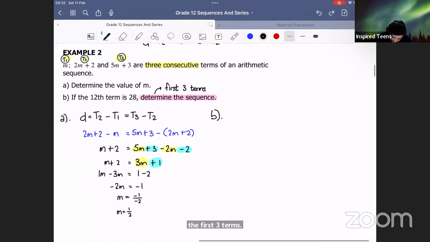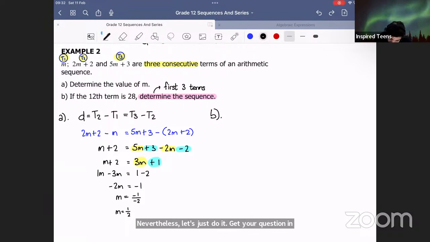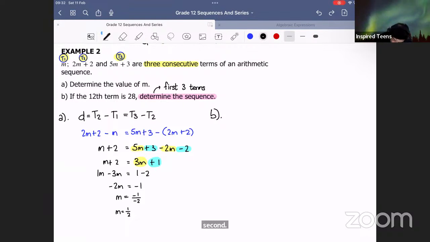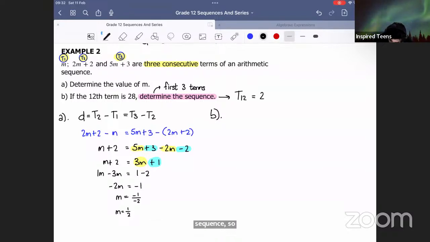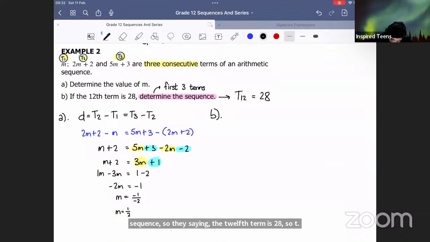I'll get to your question in a second. If the 12th term is 28, determine the sequence. So they're saying the 12th term is 28, so T12 is equal to 28. Determine the sequence. Can we solve for M in this case?